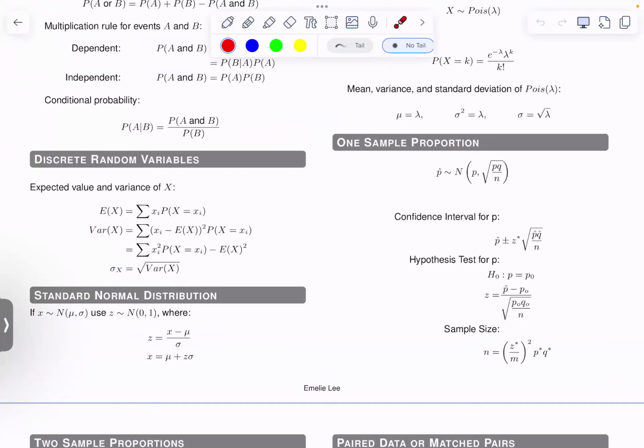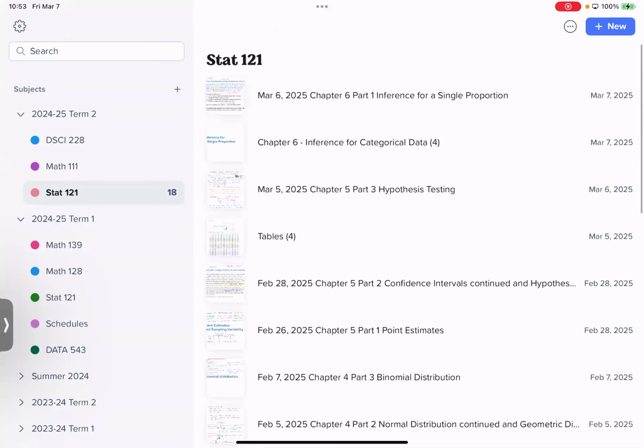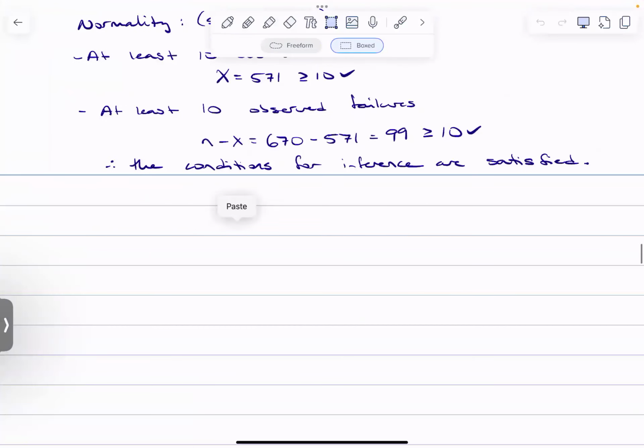One of the easiest ways to pick between a proportion and a means question is that for a means question, you have to have a standard deviation, and we don't have any of that. I just have 571 out of 670, which is a proportion. So if I want to build a confidence interval, I go here, because the question asked me to build a confidence interval.